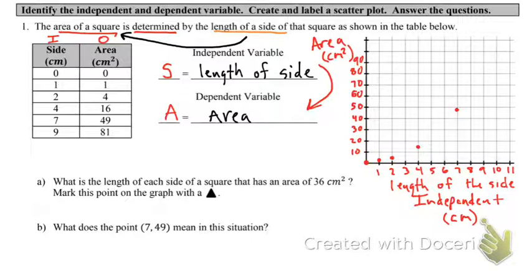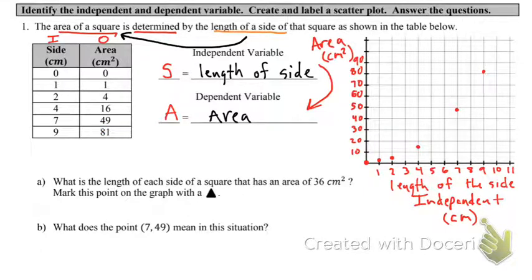And the last one we have is (9, 81). 81 is close to 80, which would be right here. Okay, and that's my scatter plot, and I used the input-output table to figure it out.